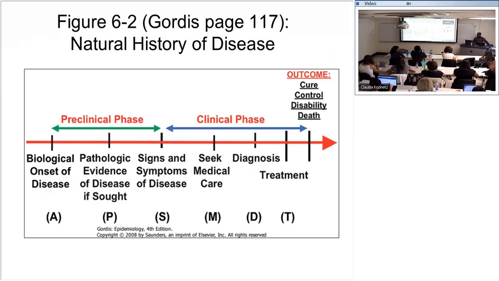If, for example, you test positive for a genetic mutation in your genes, but your body has not started to make abnormal cells, would that be A or P? Well, it's not every genetic mutation that will come with obvious disease.